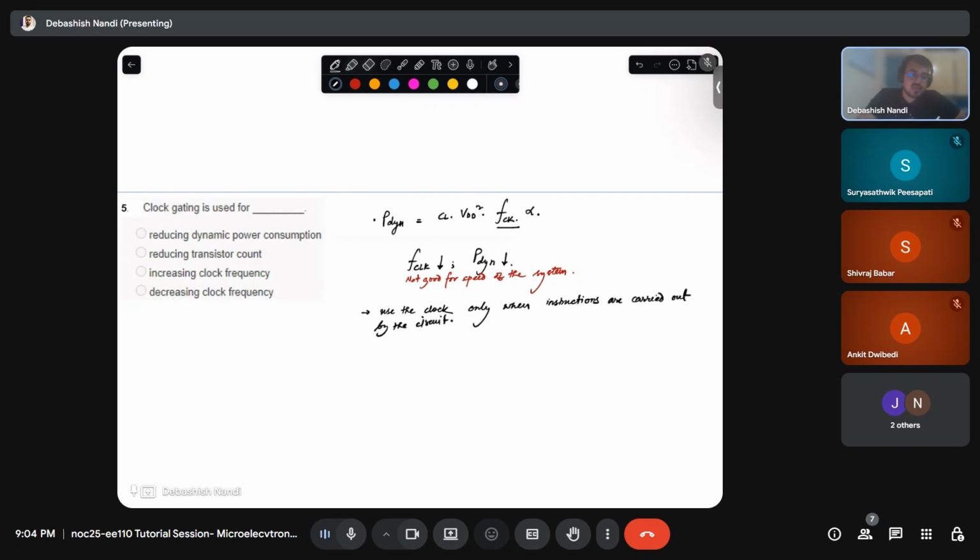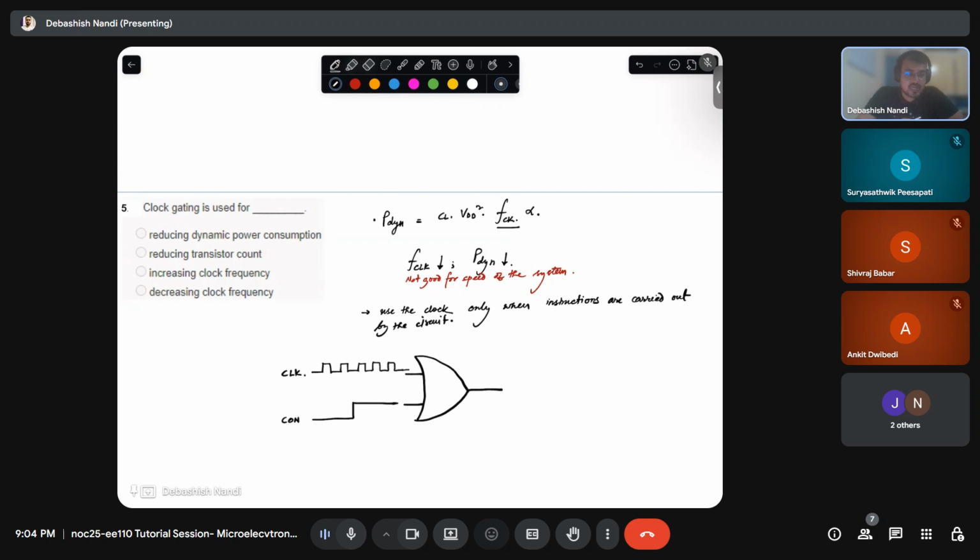How will you do that? I apply the clock and I will apply some control signal. Let's say this is my control signal, this is my clock signal, and let's have these two connected in an OR gate fashion.